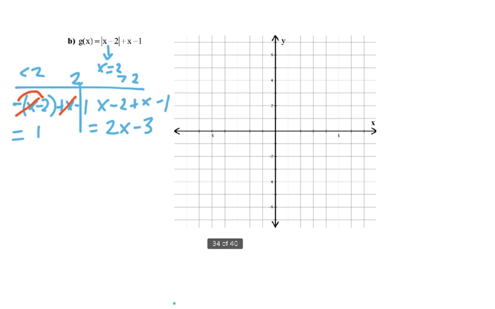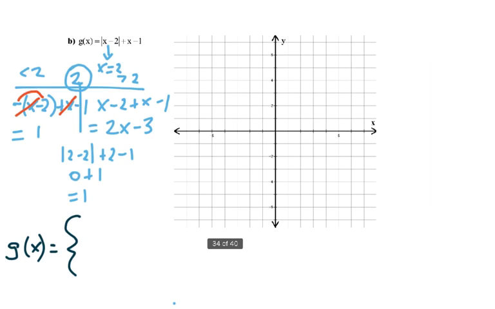We should check also what happens at 2 itself. So when we have 2, g of x would be the absolute value of 2 minus 2, plus 2 minus 1. So this would be 0 plus 2 minus 1, 0 plus 1, it's equal to 1 at 2. So we can write this whole thing in formal piecewise notation.